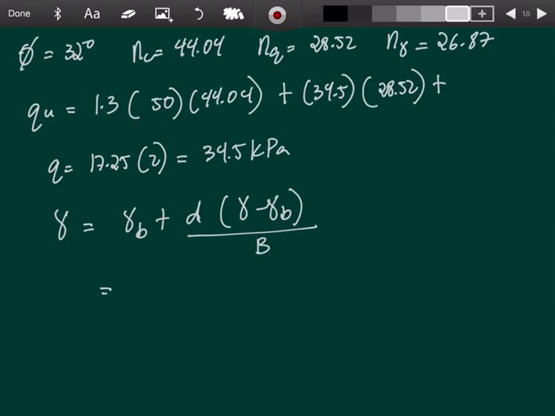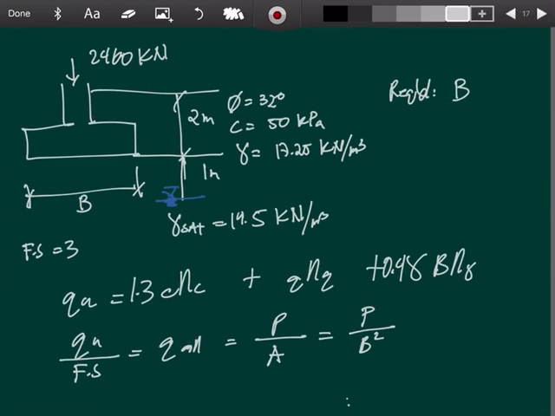Ano yung gamma sat? That is 19.5 minus 9.81 plus, ano yung D natin? It is obviously 1 meter.